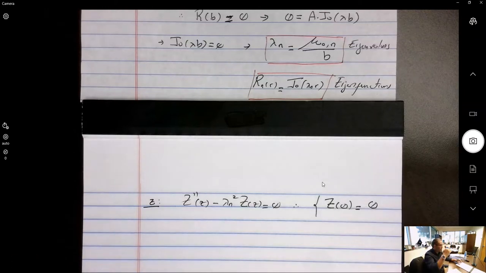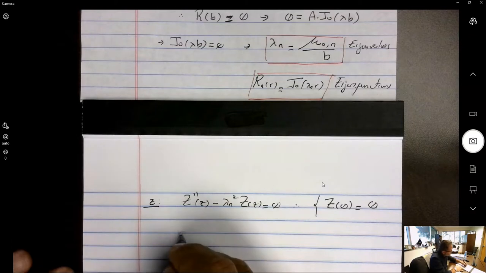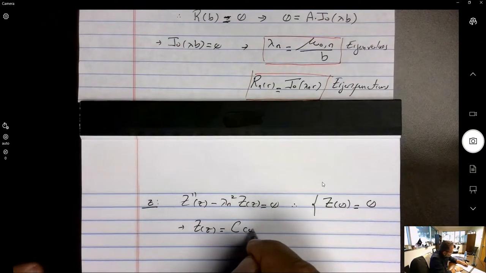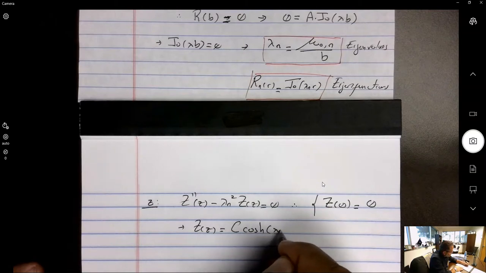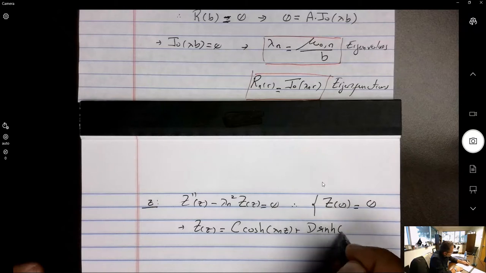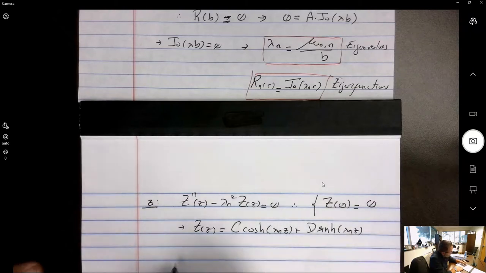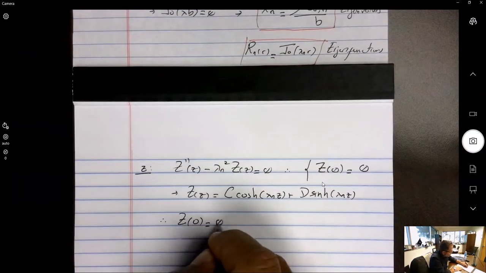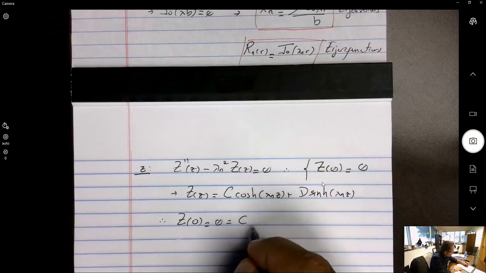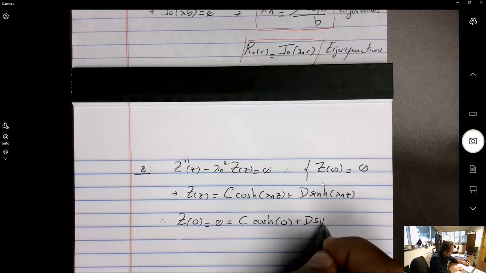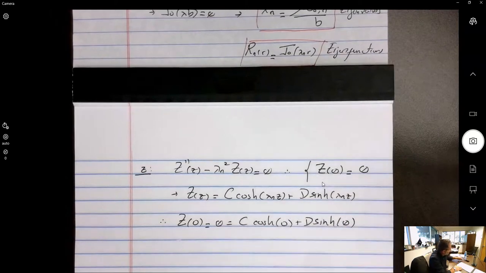The top boundary condition we cannot separate because it's not homogeneous. Therefore Z of z is C times the cosine hyperbolic of lambda n z plus D times the sine hyperbolic of lambda n z, such that Z of 0 must be 0, which is equal to C times the cosine hyperbolic of 0 plus D times the sine hyperbolic of 0.